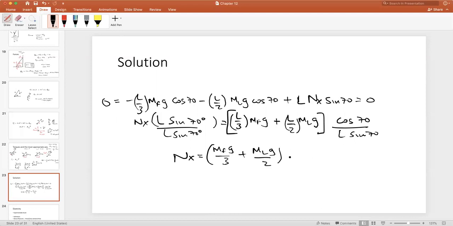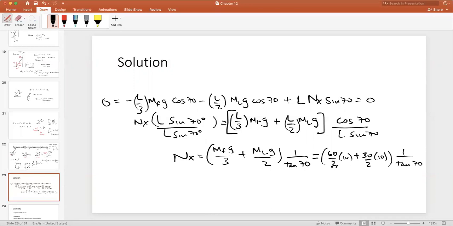Cosine over sine is 1 over tangent of 70, or cotangent of 70. I'm going to leave it as tangent of 70 for my calculator. So m_f was 60. So this was 60 divided by 3, plus 30 divided by 2, times 10, times 1 over tangent of 70.